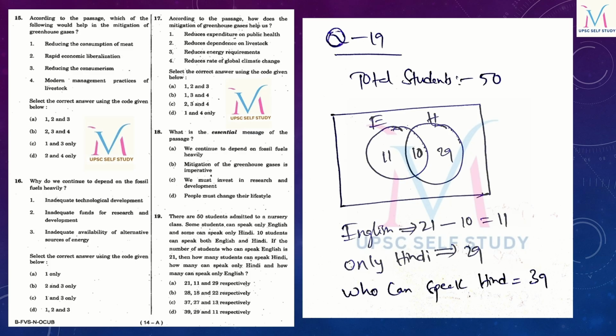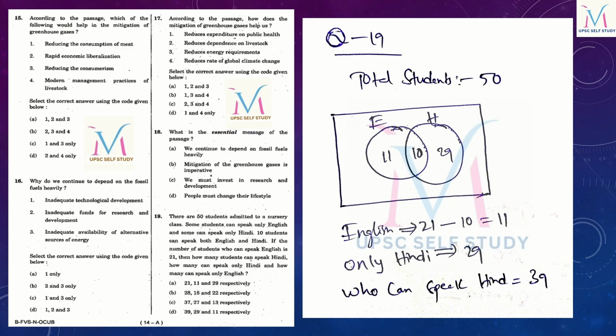And now only Hindi we need. In the question it is given that the number of English speaking students is 21. So if you subtract those 21 students from the 50, we get 29.